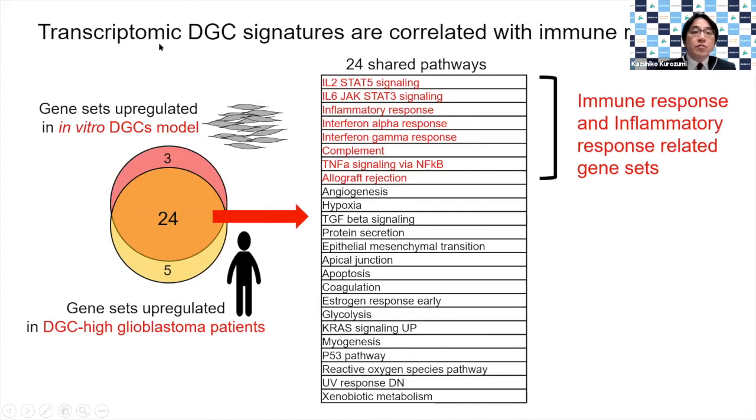We checked whether the transcriptome DGC signatures correlated with immune responses, comparing DGC high glioblastoma patients and moderate ones. When we put together the 24 genes, pathways came up, and those pathways were related to the immune response and the inflammatory response.